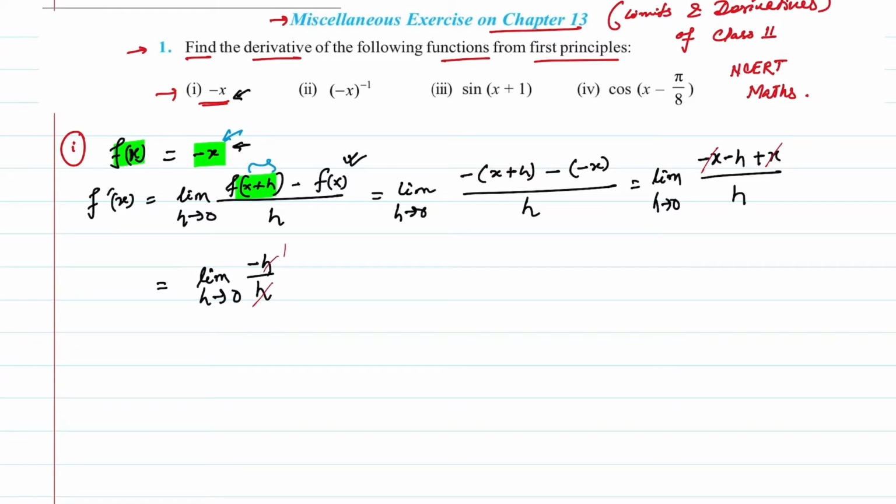If you cancel these two, you're going to have minus 1. We know the limit of a constant is equal to that constant. So therefore the derivative of minus x is minus 1. I hope you have understood this. Now let me show you the next one.